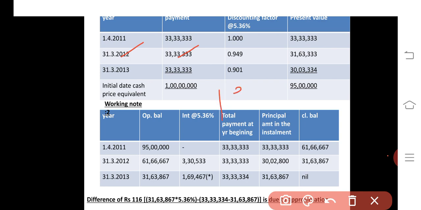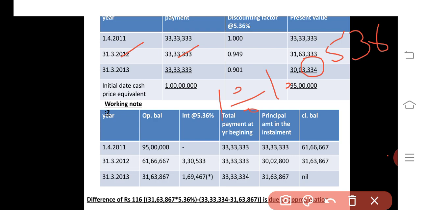In your calculator, you have to do 1/1.0536. So you will get 0.949 into 33,33,333. You will get 31,63,333, right?